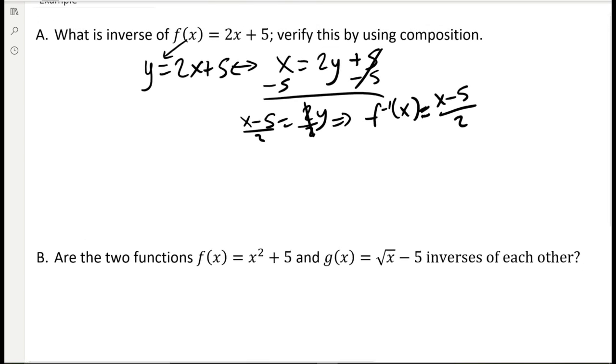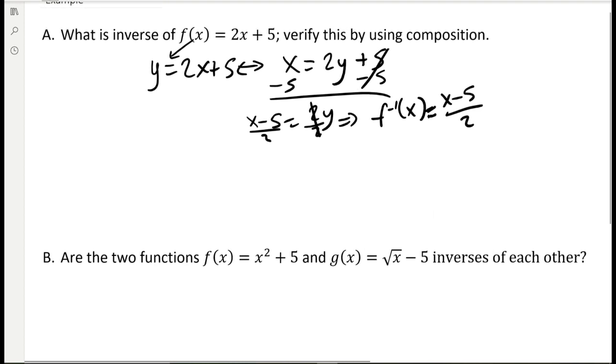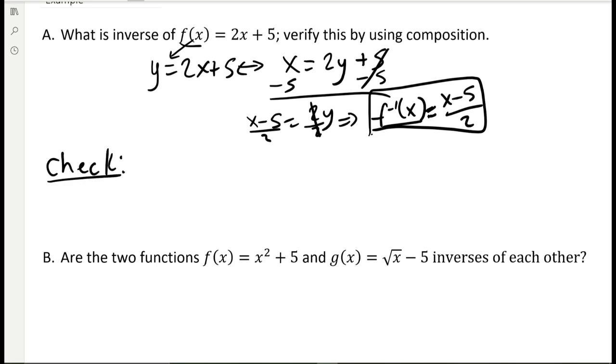So this is f inverse. So now what I'm going to do is I'm going to compose f with f inverse. So I'm going to verify that this is the solution. Okay, so this is my solution for the inverse, but let's verify. So we've got f of f inverse, which is the same thing as f circle f inverse.